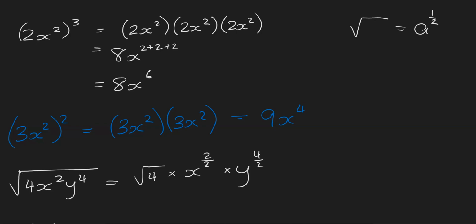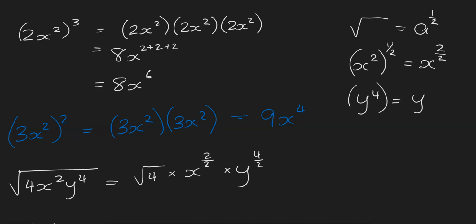Now, if we rewrite our square root symbol, for example x squared, we multiply that power by 1/2, which equals x to the power of 2 over 2. In terms of the y to the power of 4, we rewrite that as y to the power of 4 to the power of 1/2, which is y to the power of 4 over 2.